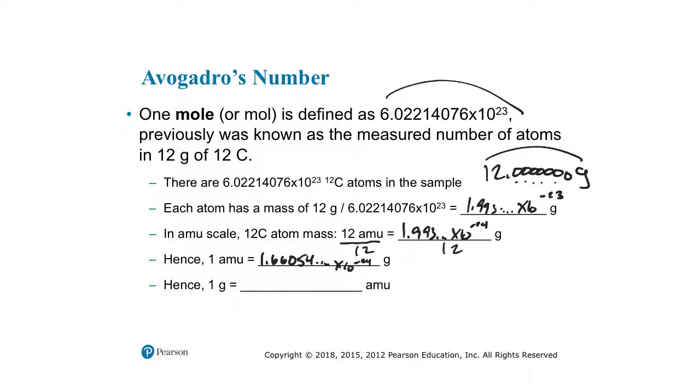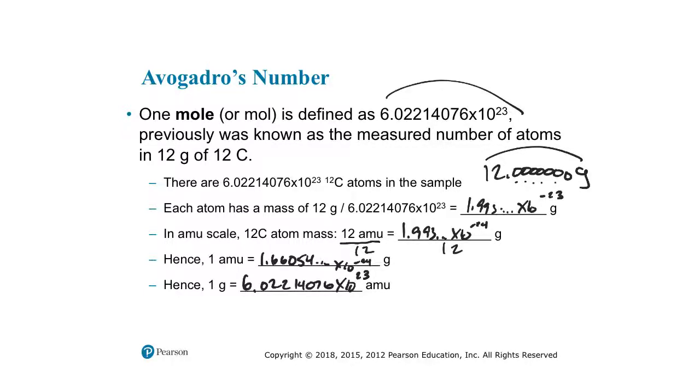Okay, so that's a simple conversion. And then if you just invert this number and take a look at it, there it is: 6.022140776, the exact same number we started with. 1 gram is equal to that Avogadro's number of AMU.